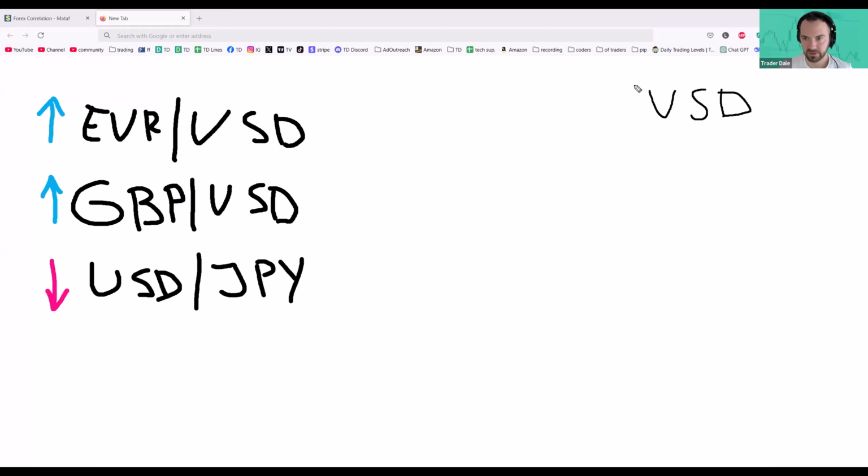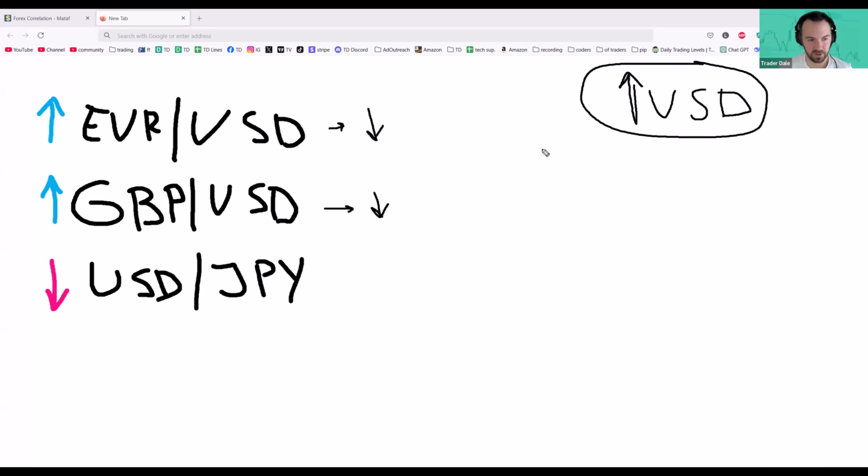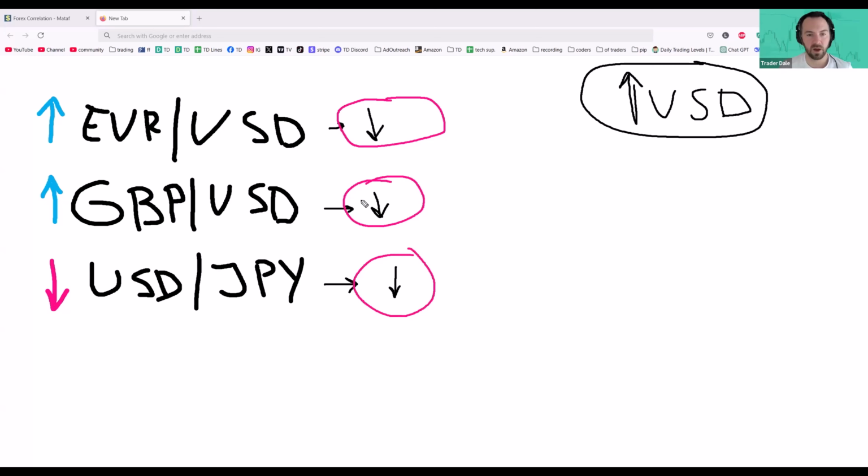The first trade goes down. I'm losing money. This trade on the British pound, this pair also goes down when the US dollar strengthens, right? So I'm also losing money here. And if I'm short on USD/JPY and the US dollar starts to strengthen, then I'm again losing money. So I'm losing money on 3 trades.